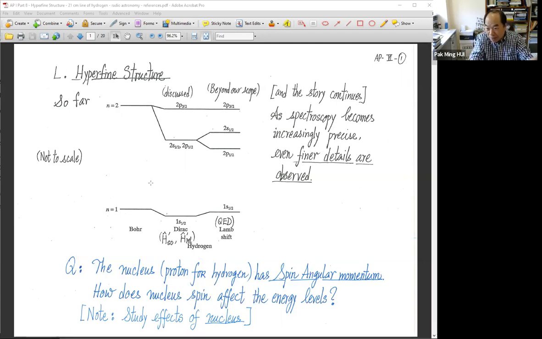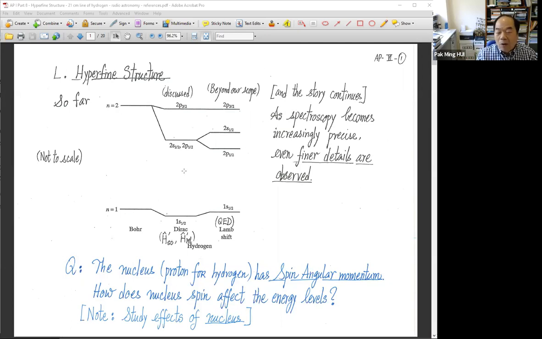You have this big dish in Guizhou, 500-meter aperture, and it is surveying the sky for what? For the hydrogen atom's hyperfine structure. Well, I think that is already good reason we look into it.